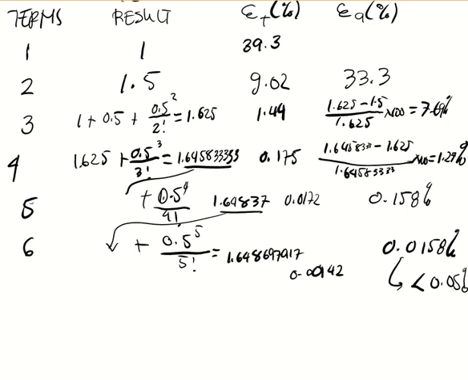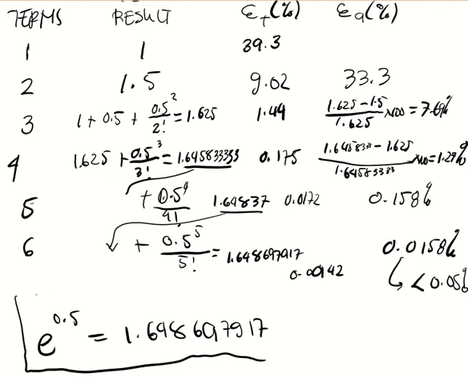So we reach our stopping criterion. Therefore, our approximation for e raised to 0.5 will be equal to 1.648697917. So this will be our answer.